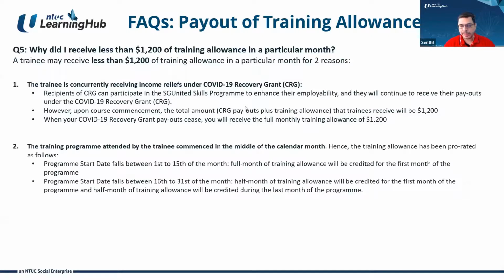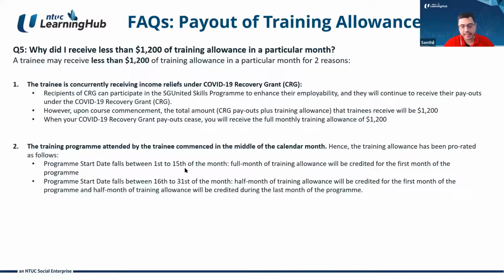The second possible reason: the training program attended by the trainee commenced in the middle of the calendar month. Hence, the training allowance has been prorated. The way the funding authority calculates the training allowance is based on the program commencement date. Let's say the program is commencing between 1st to 15th of January.